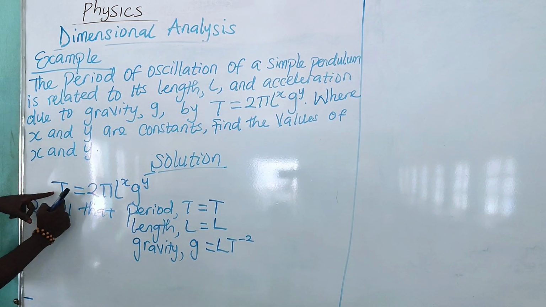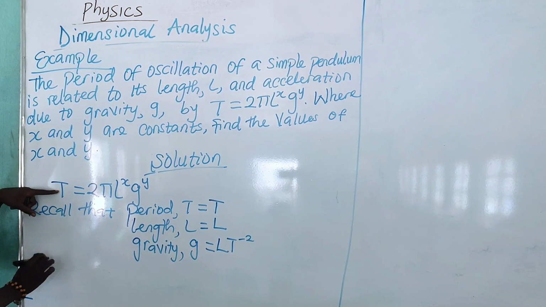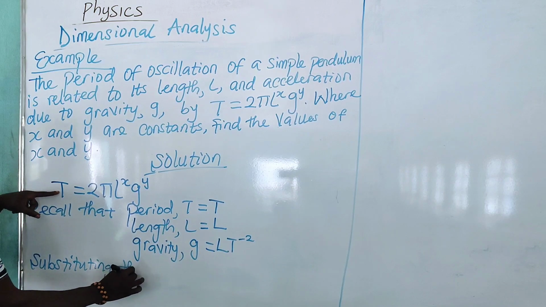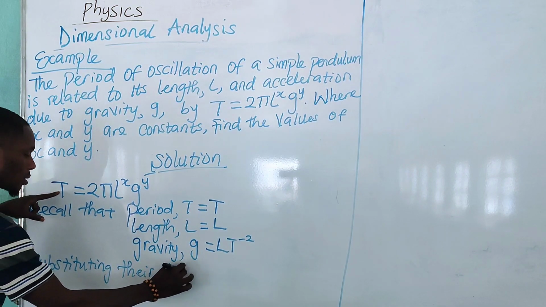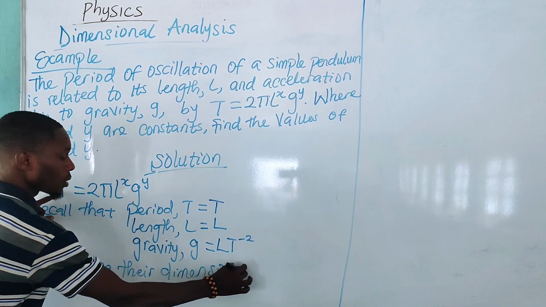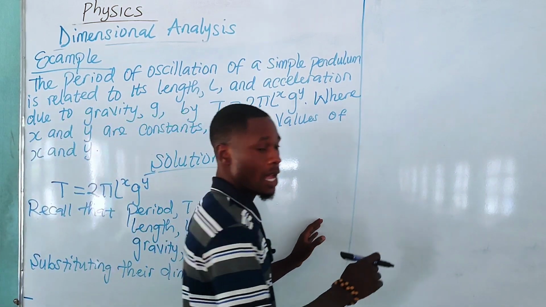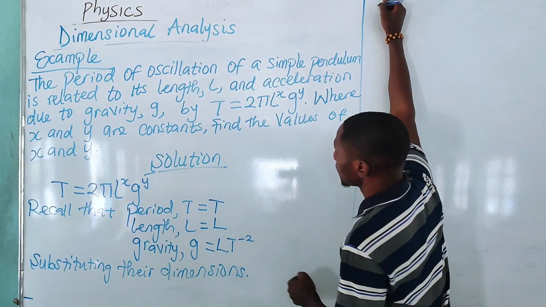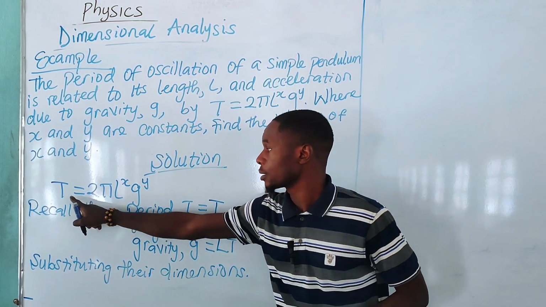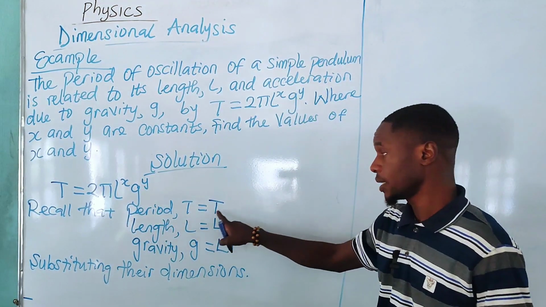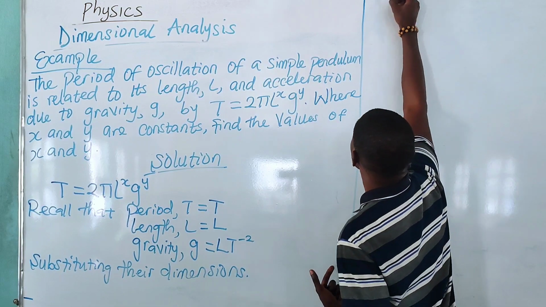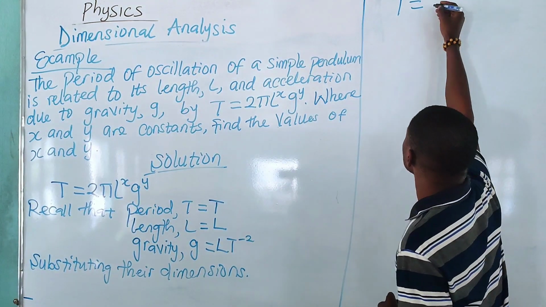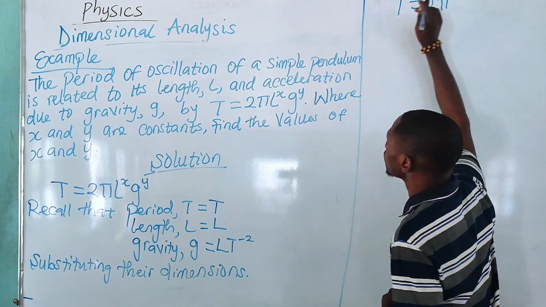So substitute the dimensions. Substituting their dimensions, we have T, the dimension of T is also T, so we still have T equal to 2π.